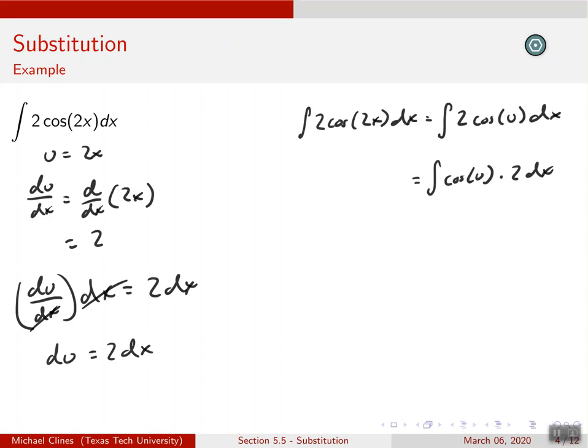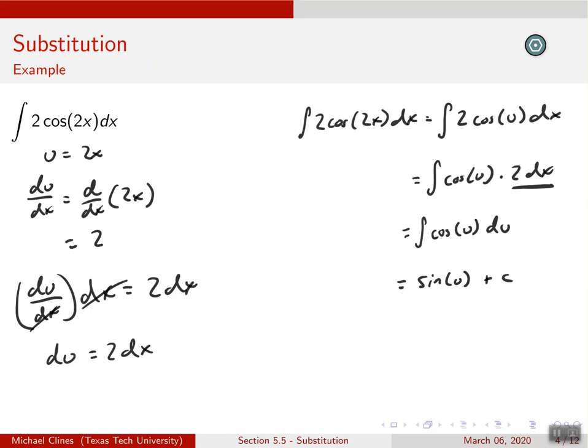Now, this 2 dx right here, that's just our du. So this is equal to the integral of cosine of u with respect to u. But now, what's the integral of cosine u with respect to u? Well, that's just sine of u plus our integrating constant c.